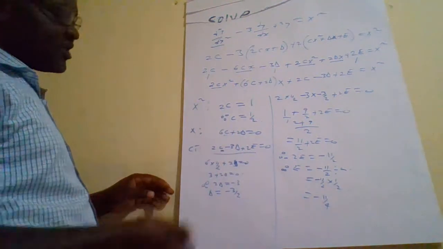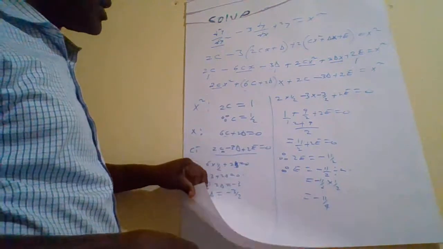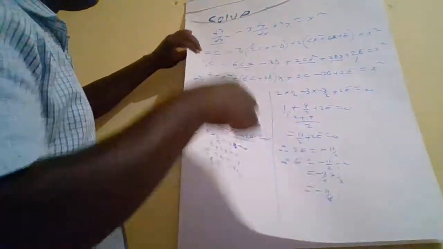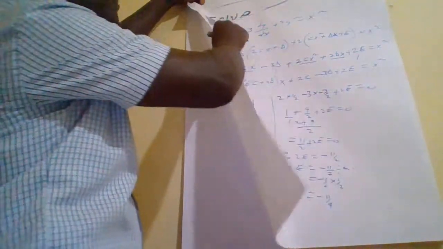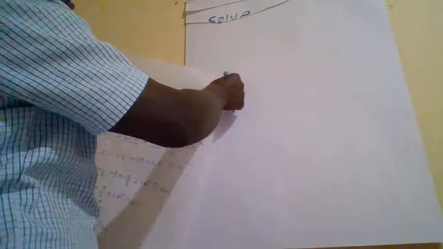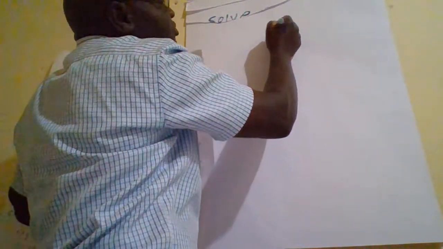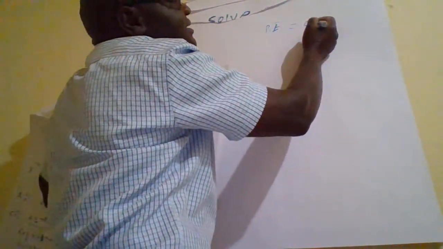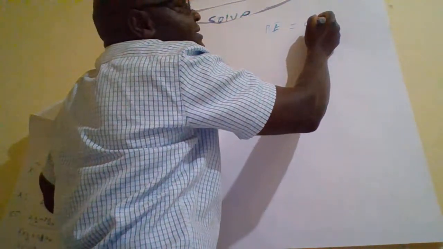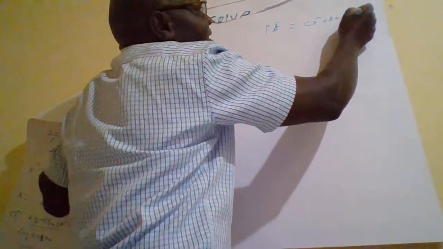Now, once we have the values of the constants, we say that our assumed PI was given by cx squared plus dx plus e.